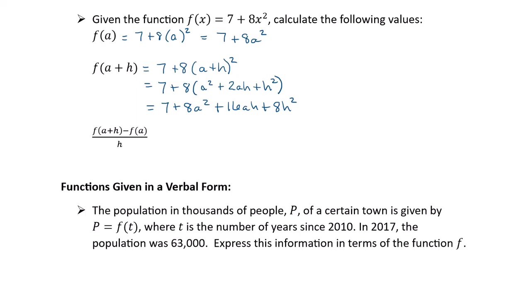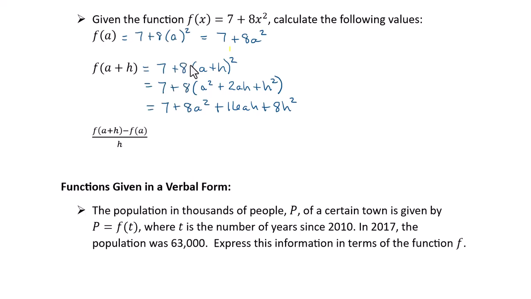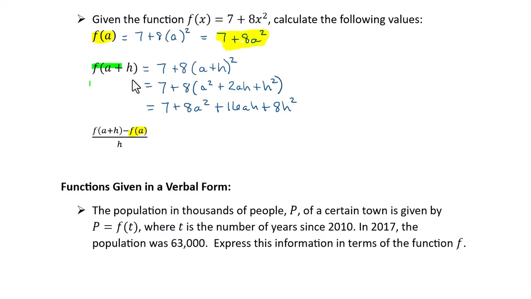It seems like a big task, but you can see we've taken care of the parts above. F of a is up here, the 7 plus 8a squared, and my f of a plus h is in simplified form right here.